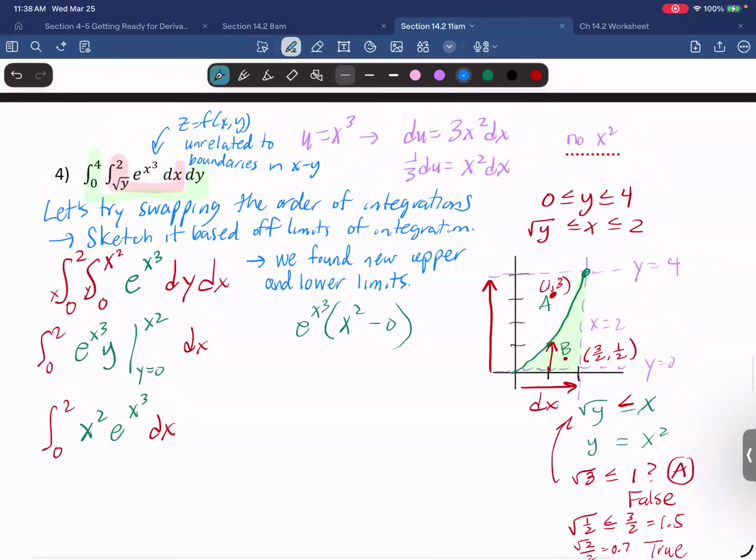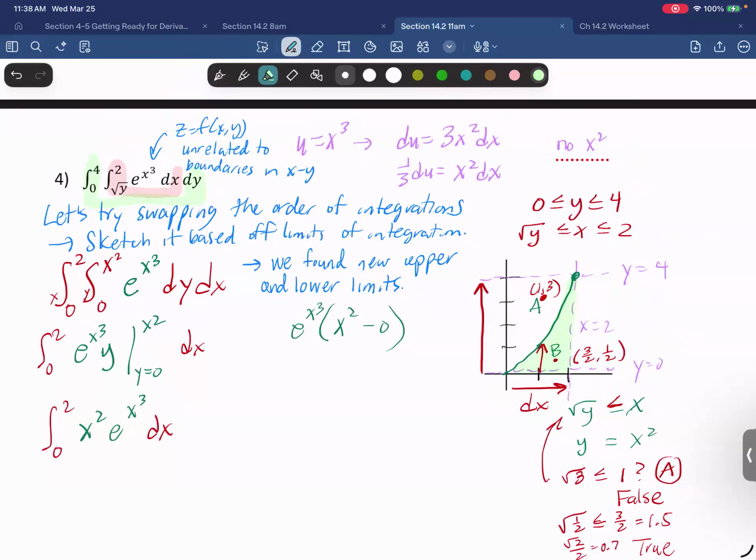But now we have that x squared we wanted. We have the x squared dx, which means that should equal that. So let's make that substitution in.